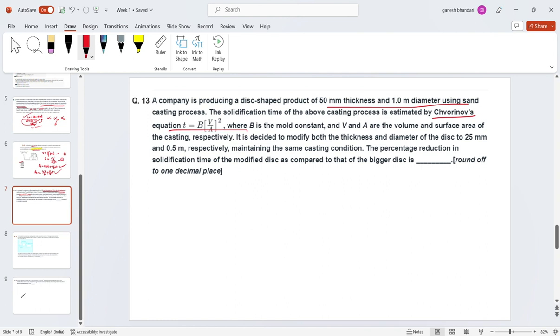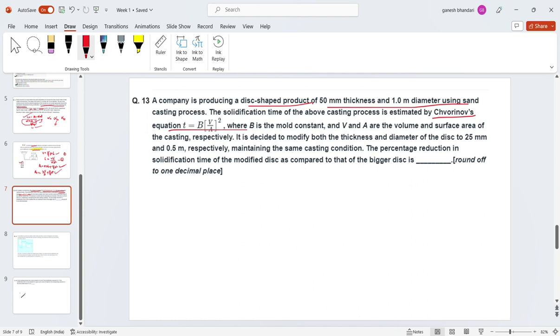Easily, you just need to write that a disc-shaped product is there. So volume will be pi by 4 d square h, and here the area from the top and bottom will both be considered. So area will be 2 times pi by 4 d square added to pi dh. That's how you will write Chvorinov's equation. Then from here you can find the relation, or convert everything into one term, either h or d.